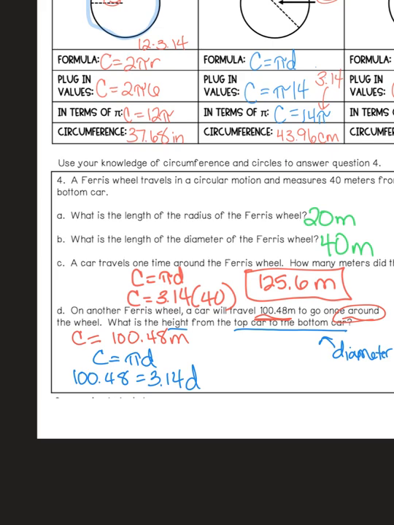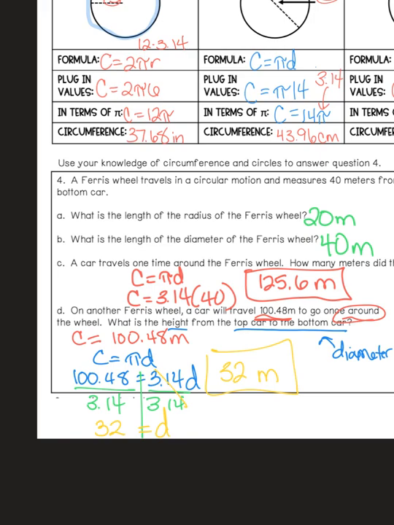To solve it, I'm going to divide both sides by 3.14, and luckily you get a calculator to do that. If you put that in your calculator, you're going to get 32 is equal to your diameter. So that means the height from the top car to the bottom car is 32 meters.